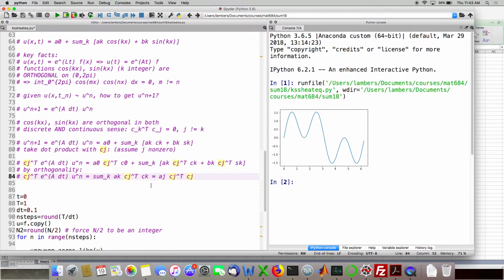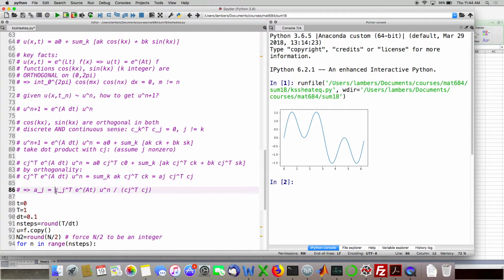So now all I have to do is solve this equation for Aj. So it's what we have here on the left side, Cj transpose e to the a delta t un divided by Cj transpose Cj.